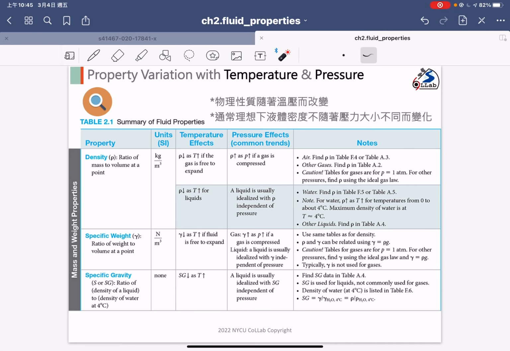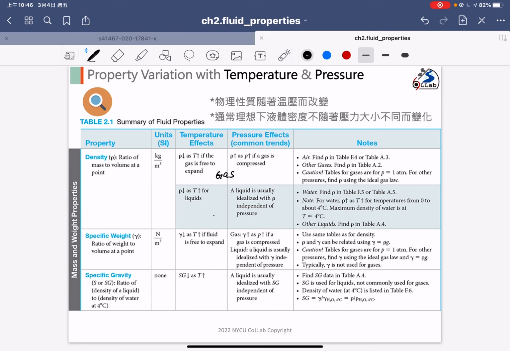Okay, but if you see, if the pressure increases, the density will increase also, because your material is under a compression environment. So the material volume becomes smaller, and then the density will increase. But this is only for the gas.